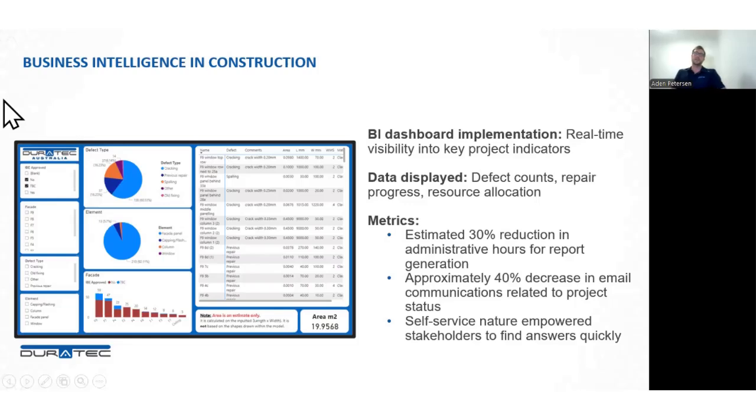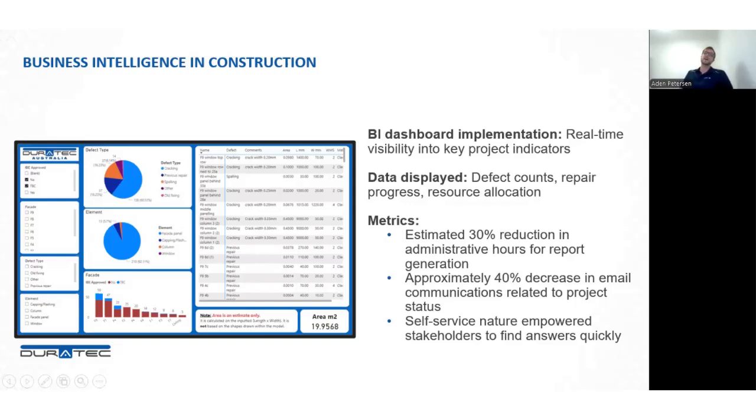Just imagine stakeholders from National Capital Authority to project managers to site teams having instant access to defect counts, repair progress, and resource allocation. This cuts out most of the email traffic on a site, as you can probably imagine.